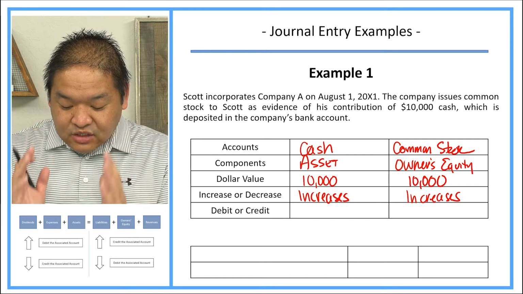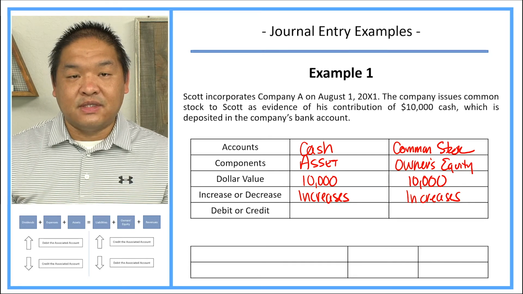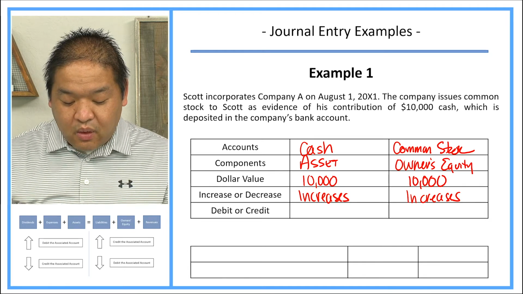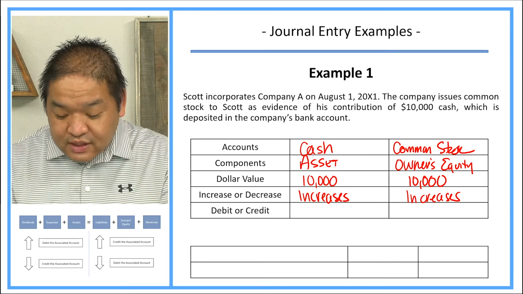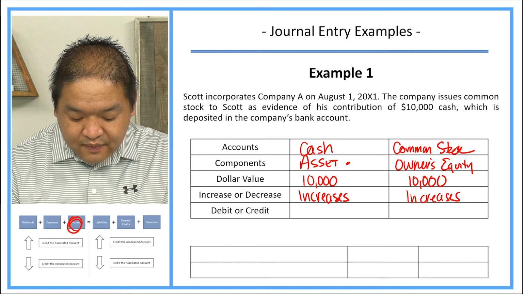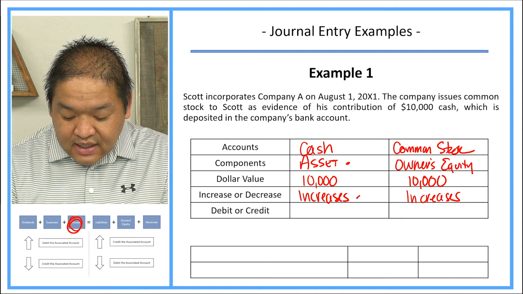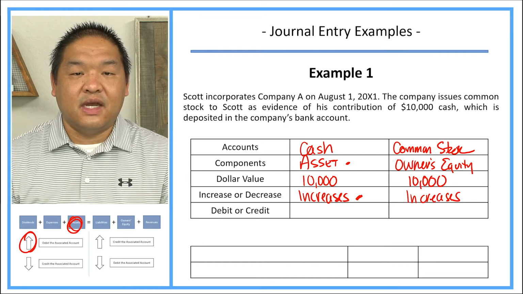All right. So now that we have that, this is the basis to then figure out the debits and credits. So what do we need to know? Well, we need to know what component and did it increase or decrease? So in this first one, cash, it's an asset. Assets over here. And it looks like it increased. So increases would be debits to the associated account.